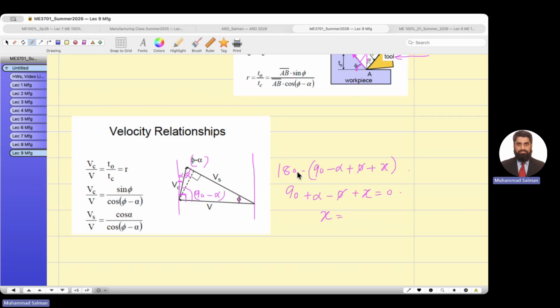Yes, this should have been a negative sign here when you open the parentheses. 90 plus alpha minus phi, and x equals 90 plus alpha minus.